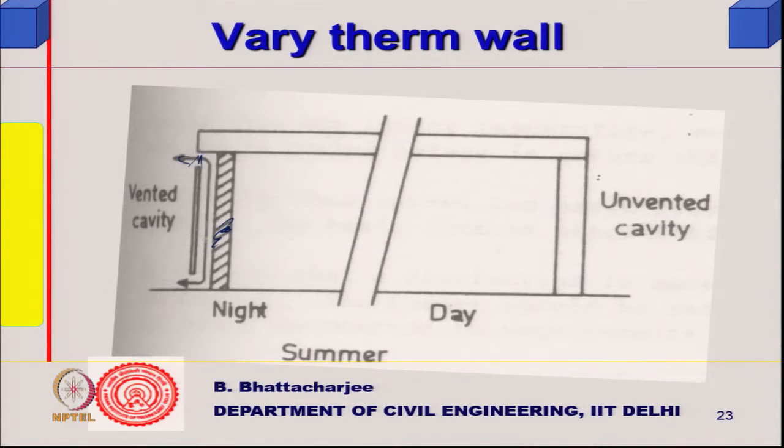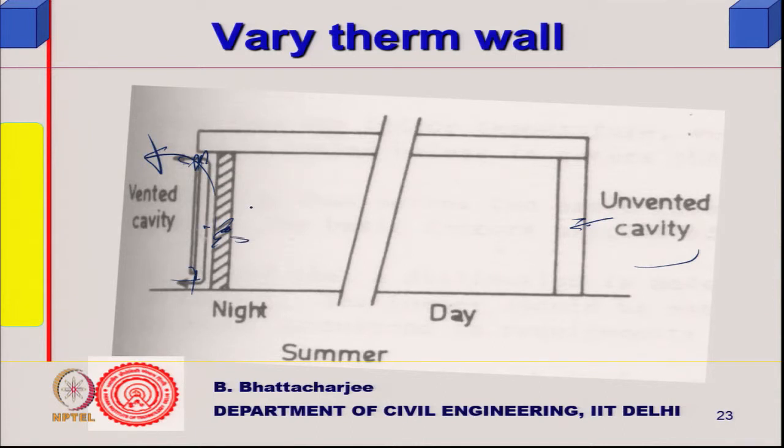During daytime you close this, so it acts like an air gap cavity wall. No sun radiation can come in, it is an unvented cavity, there is no vent. At night you open this up. What will happen? Daytime this portion would have got heated up anyway, as it received radiation. At night when you open it up, cool air will move along this direction and take away heat from the room as well, so it cools faster.